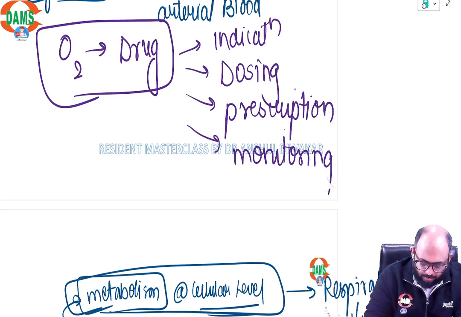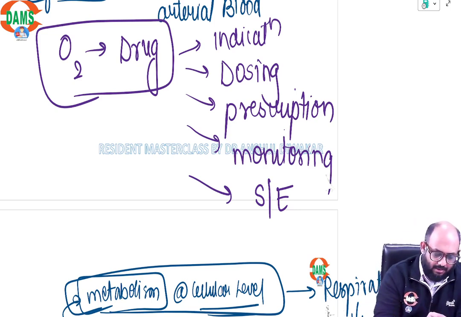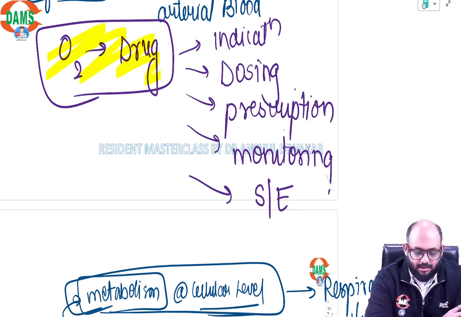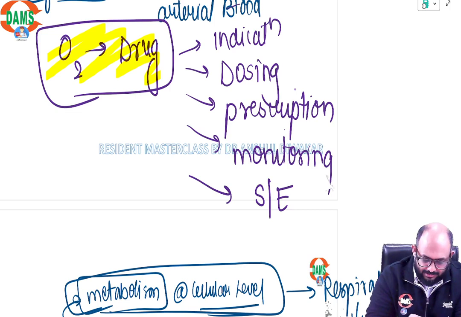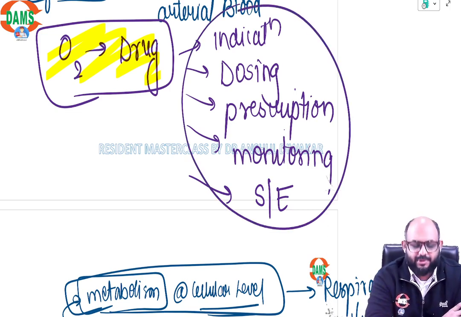And finally, you should look at the side effects of the drug. So just like any other drug, even oxygen is considered as a drug, and these are the things under which you prescribe oxygen: indication, dosing, prescription, monitoring, and side effects. And we are going to discuss each of them.